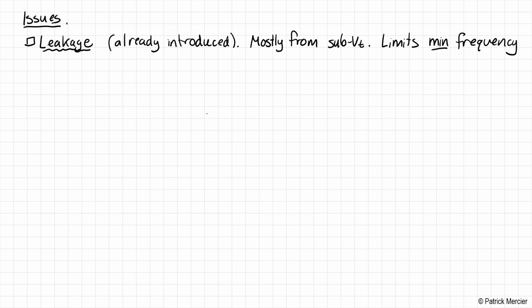This is a strange concept to think about in relation to our previous discussions, where we're always focused on the maximum possible frequency we can operate our circuits at. But with dynamic logic, we also have a minimum frequency. So let's just take a look at a small example here.